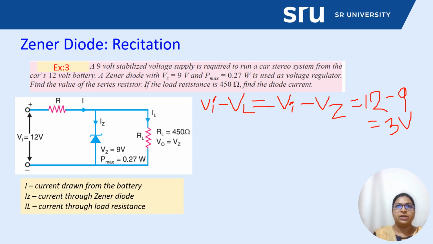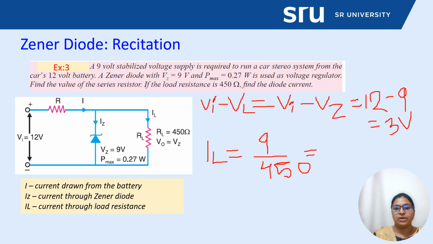So the load current IL is equal to the potential difference across RL, that is 9, divided by the load resistance, which is given as 450.